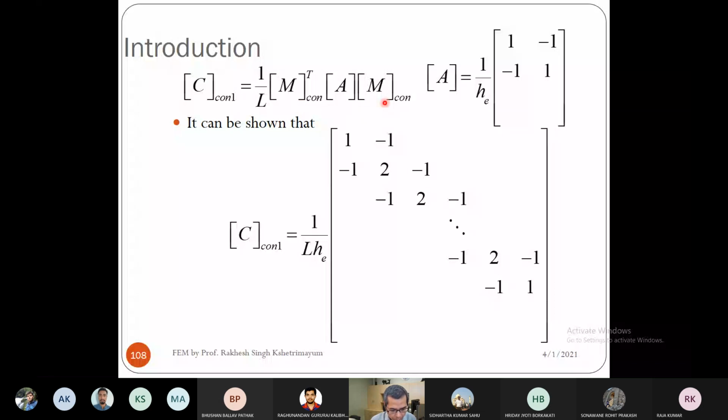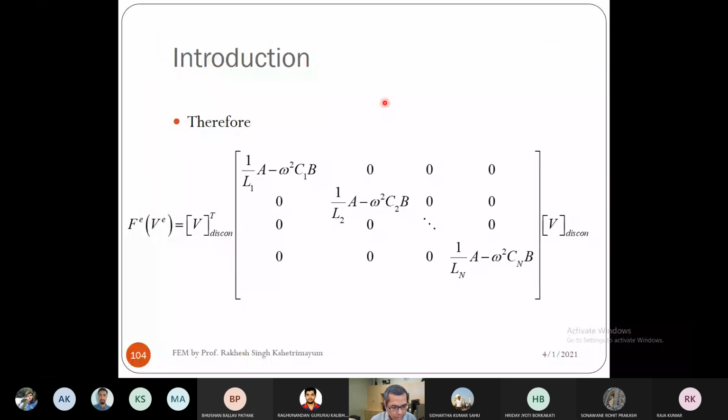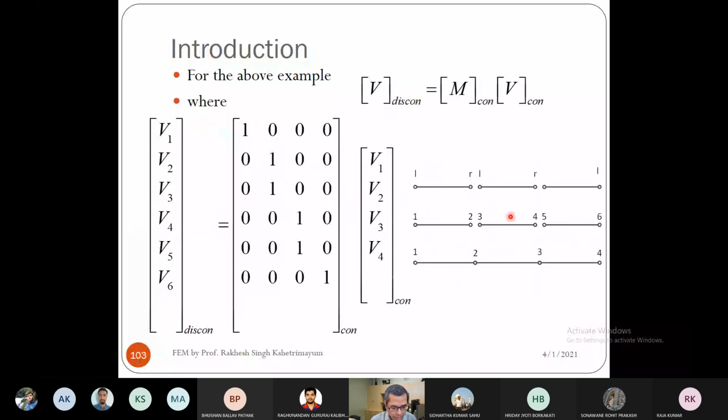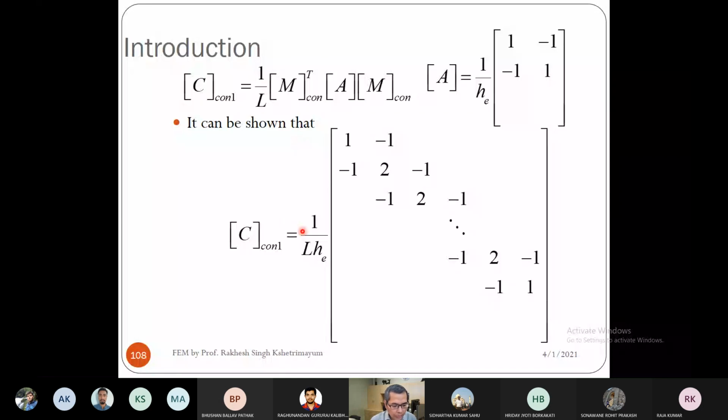Let me just go back to what the connection matrix was. The connection matrix was of this form for this particular example. So finally, this connection matrix 1 would be of the form 1 by L, L from here. Finally, this is a tri-diagonal matrix with the first and last diagonal elements 1. All other remaining elements are 2.